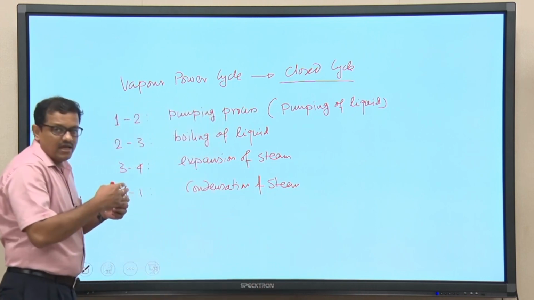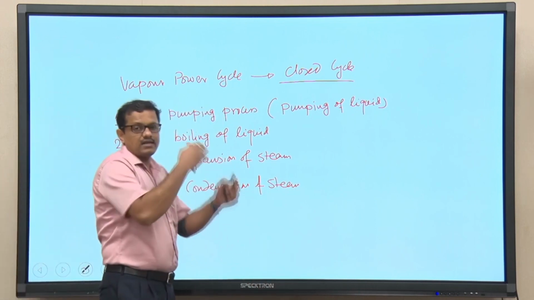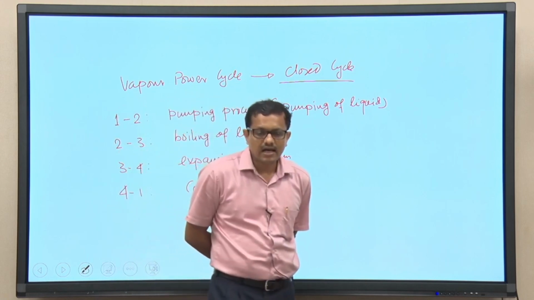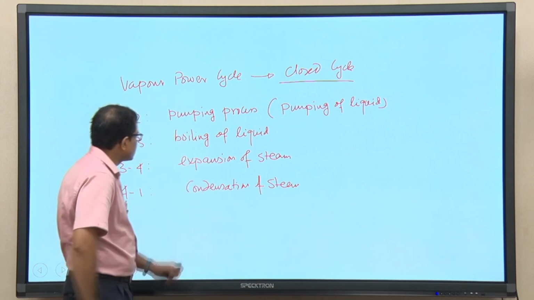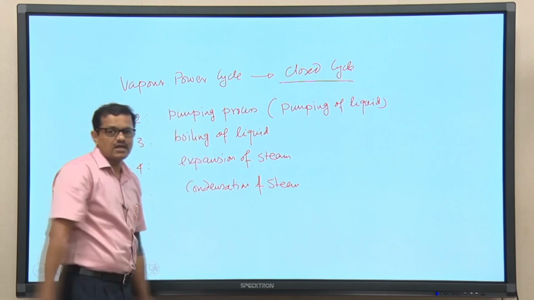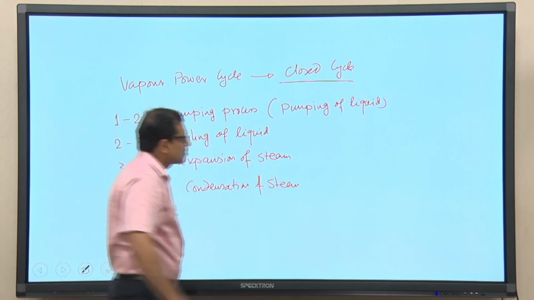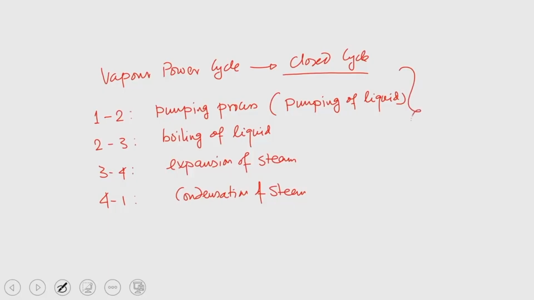So, when we are trying to have the performance of the plant unit, we consider all the processes ideal, right. Considering all the processes to be ideal, we measure the ideal cycle efficiency.